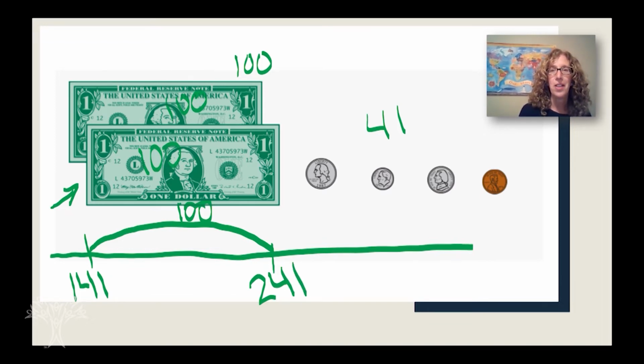You make a number line along with me, and we're going to continue to make jumps to calculate our total amount of money.